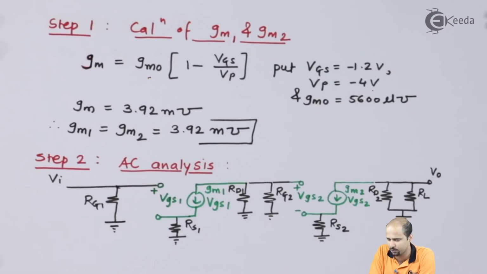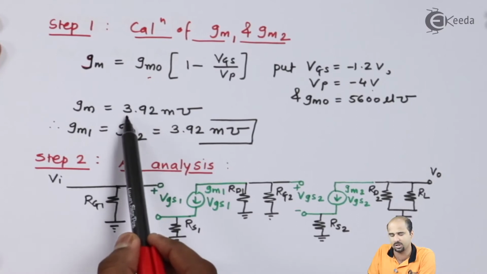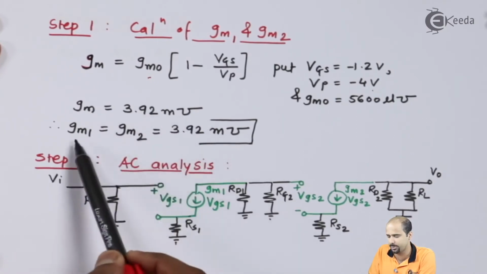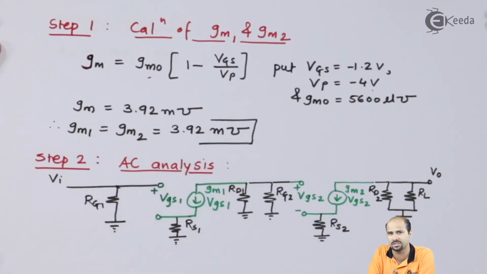As far as GMO, VGS and VP are concerned, these three values are the same for stage 1 as well as stage 2. So your transconductance for stage 1 and stage 2 will be similar. That value comes out to be 3.92 millimho, right? So for both the stages, the first value of step 1 is 3.92 millimho for GM1 and GM2, the stage 1 and stage 2 transconductance.